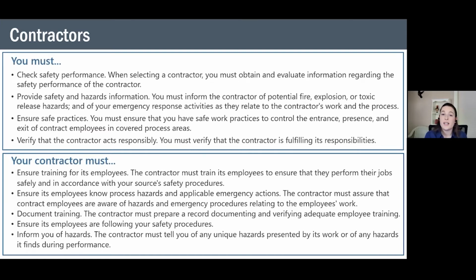They need to ensure safe practices and verify that the contractor acts responsibly. The contractor, in turn, must ensure training for its employees, ensure the employees know the process hazards and the applicable emergency actions, document training, ensure its employees are following the safe procedures, and report to the owner and operator any specific hazards associated with the work that the contractor is doing.